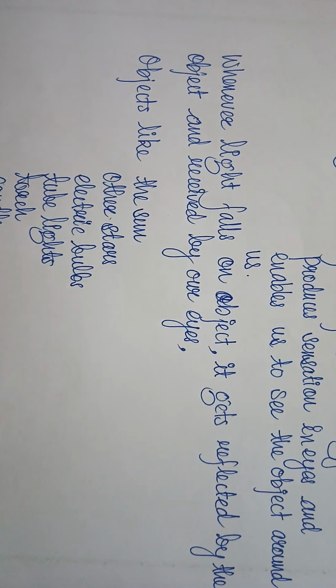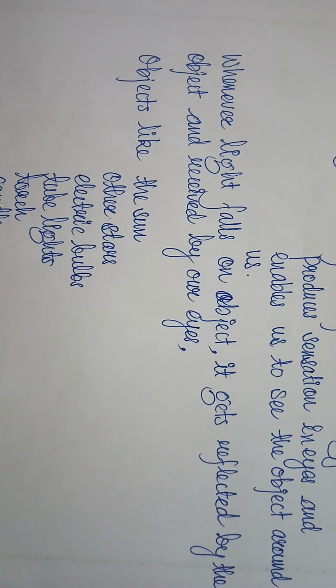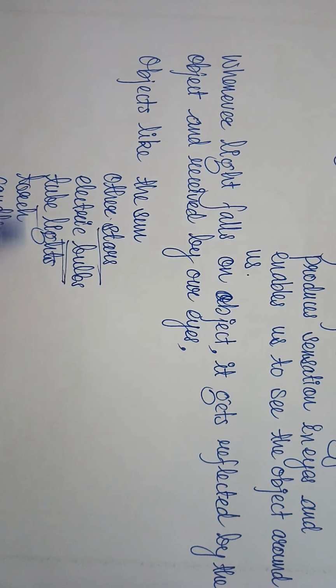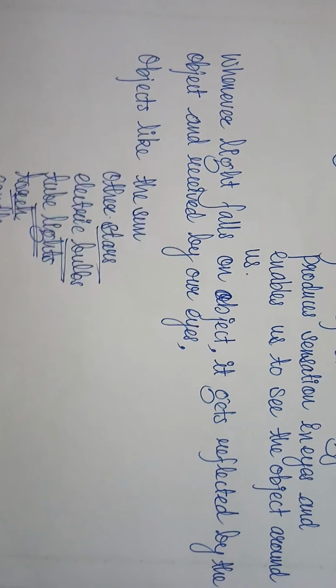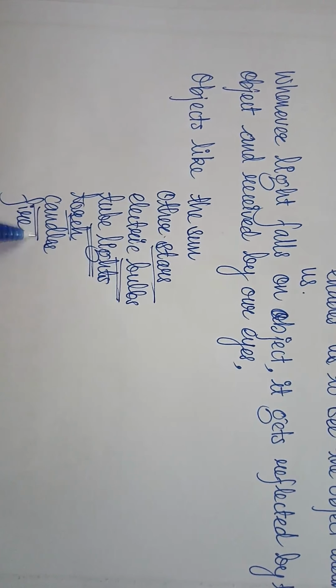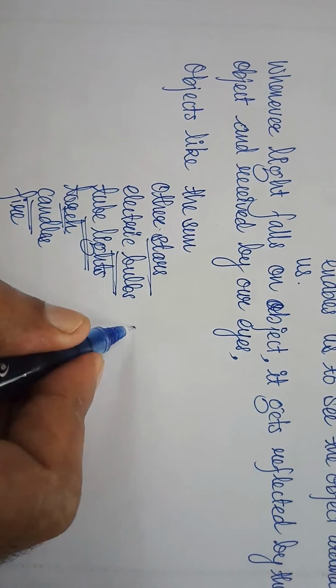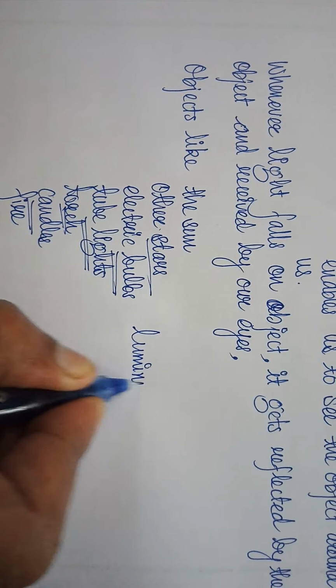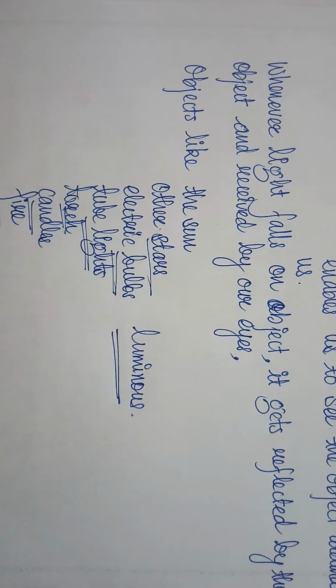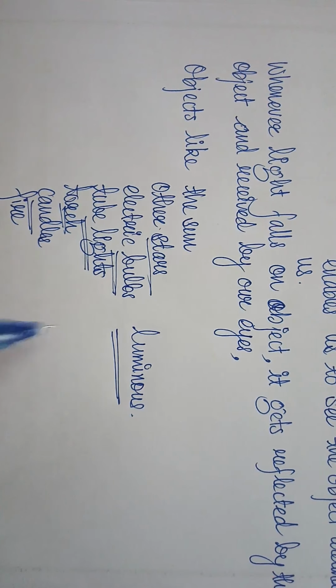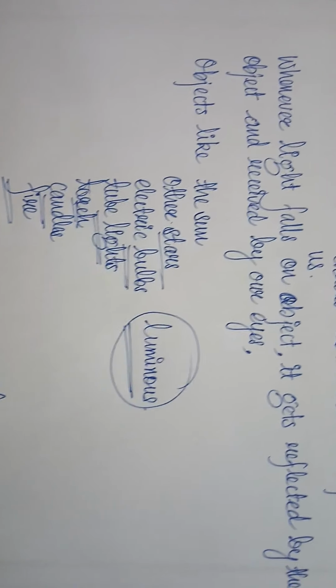Now we have to check what types of objects are around us. Objects like the sun, stars, electric bulbs, tube lights, torch, candles, fire, etc. can emit light. They are called luminous objects.